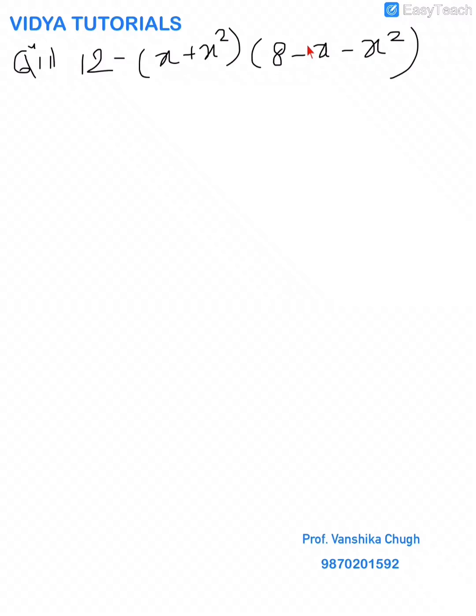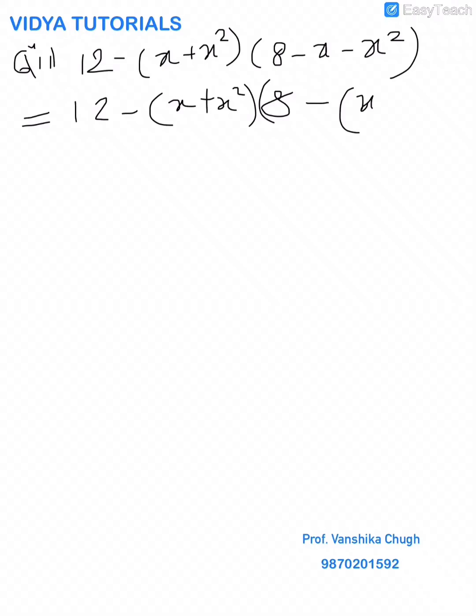I will first remove a minus 1 common from here, I can often say it as minus sign common. So let me see what I get on removing a minus sign common. 12 minus x plus x square, 8. I remove a minus sign common. So minus x becomes plus x and plus x square.